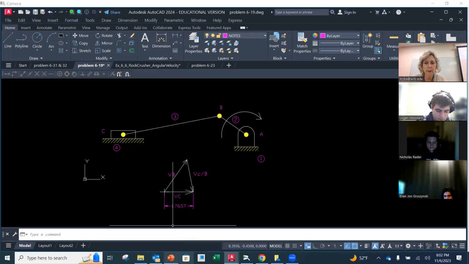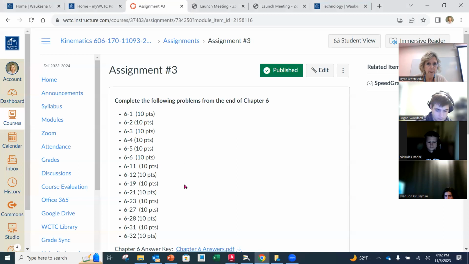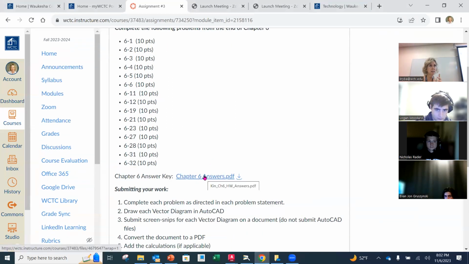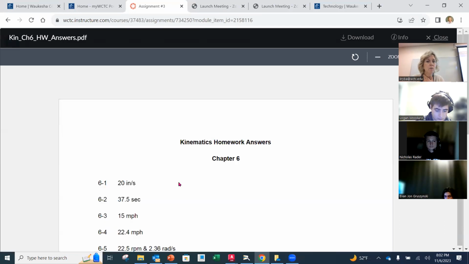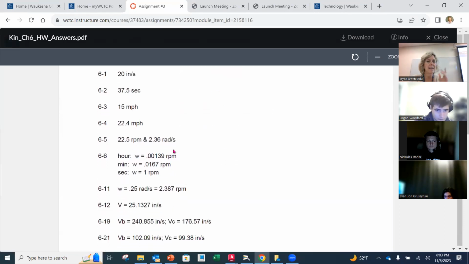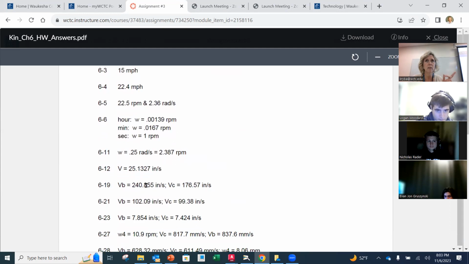Now, when you look back at your assignment, there is an answer key here. In the answer key, I give you just the final answers, except for these. When you look at problem number 19 that we just did, notice that I give you the velocity of point B, 240.855 inches per second.